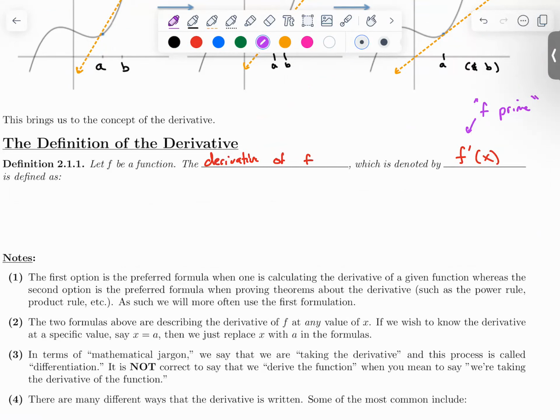So the derivative of f is denoted as follows. There is the way that we will use it, and then there is the formal way, which is still important, but more important for later on in mathematics. So we say f prime of x is equal to the limit as h approaches 0 of f of the quantity x plus h minus f of x, divided by h.